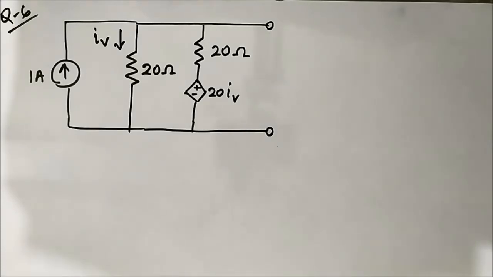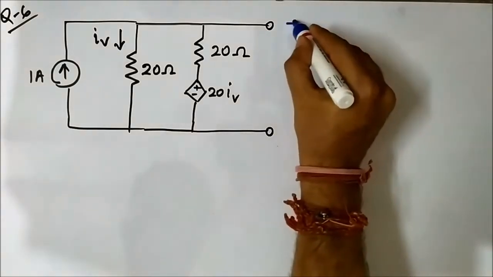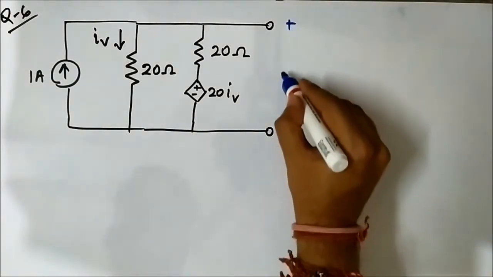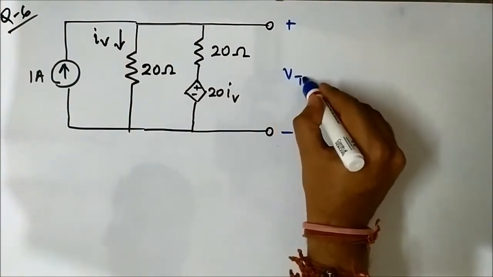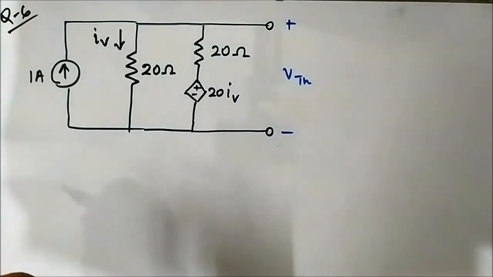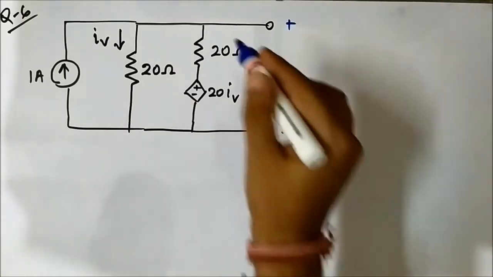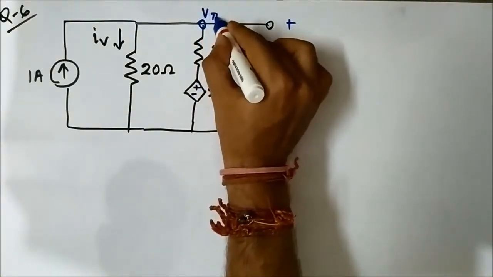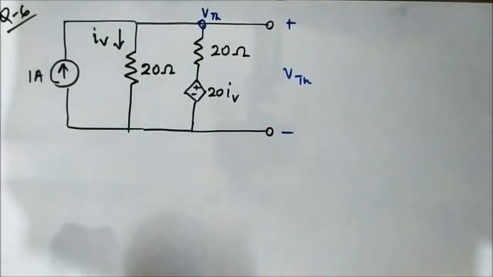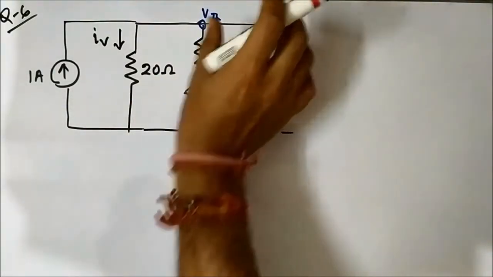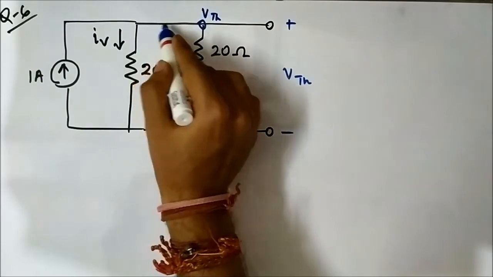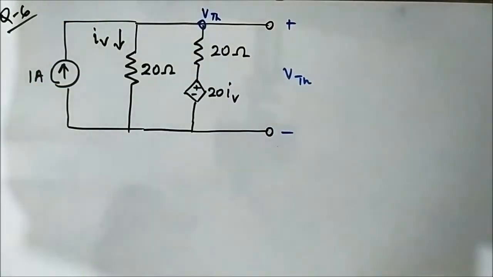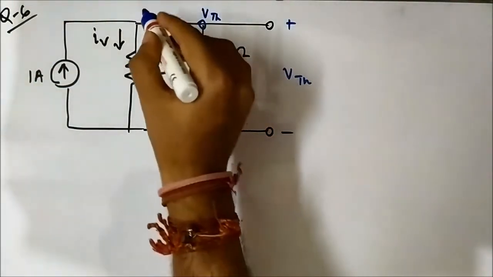So first let us find out VTH. VTH is this open circuit voltage. Here the node voltage will be VTH because there is nothing in between these 2 points. Also here in between these 2 points there is no resistor involved, so no voltage drop.